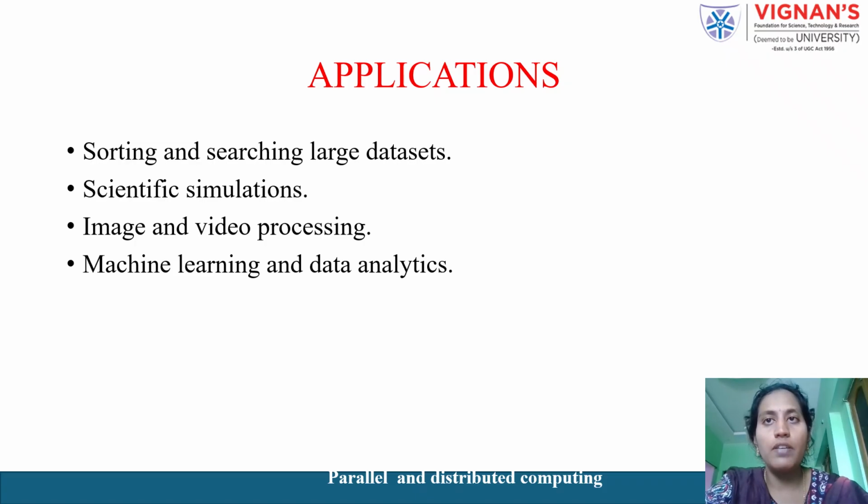These applications use divide and conquer to split the image or video frames into smaller regions, allowing faster processing and analysis. And the last one is machine learning and data analytics, where large datasets are divided into smaller subsets for training, processing, and analyzing, making this approach suitable for high performance and parallel systems.